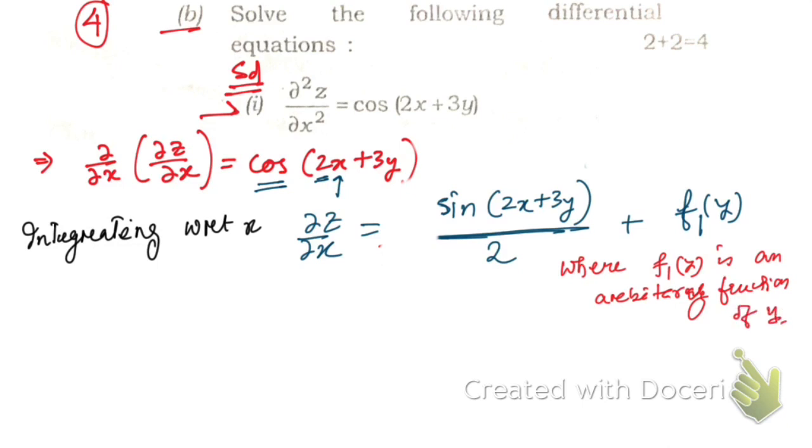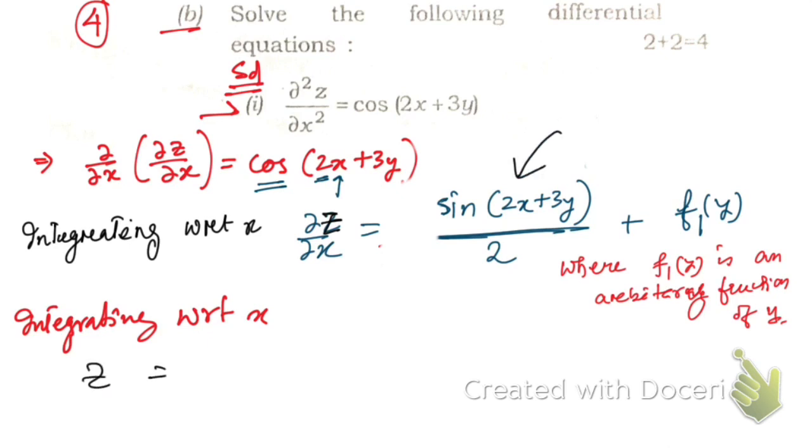So similarly, integrating again with respect to x in order to get the value of z, you will get z is equal to, integration of sin x is minus cos x, cos of twice x plus thrice y.